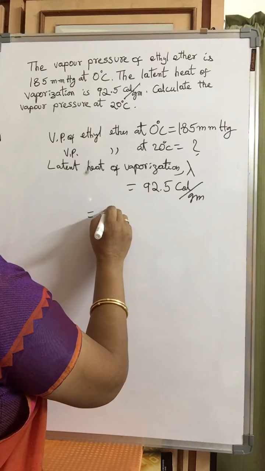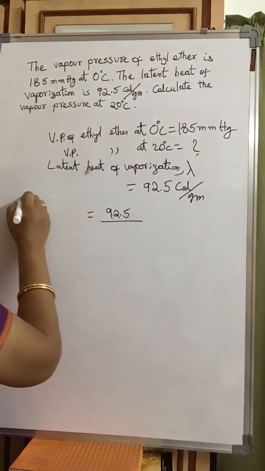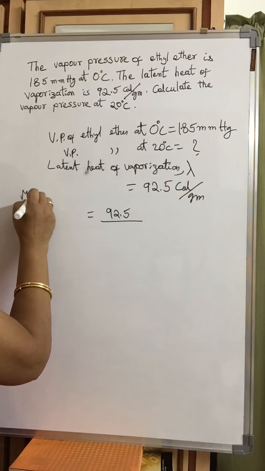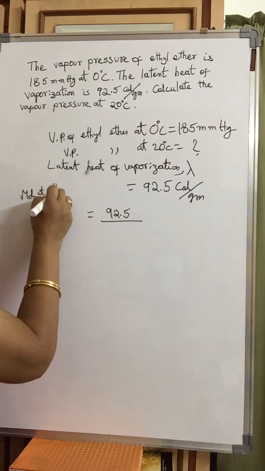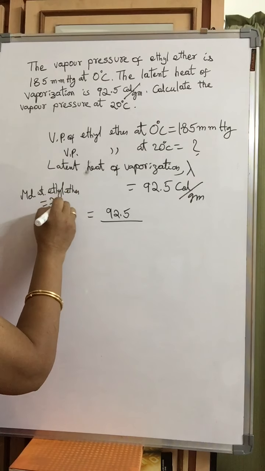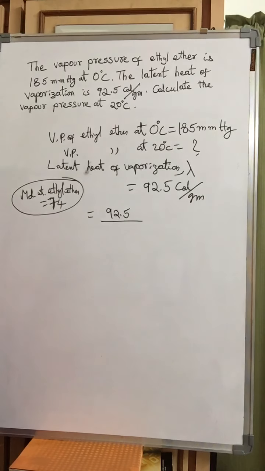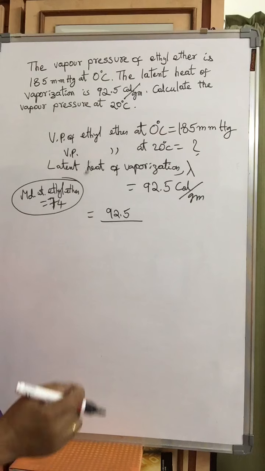Because it is given per gram, what is the molecular weight? Molecular weight of ethyl ether is equal to 74.